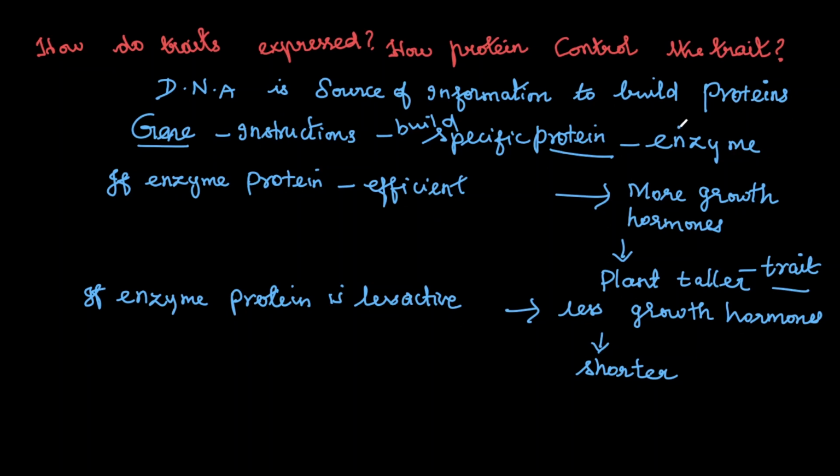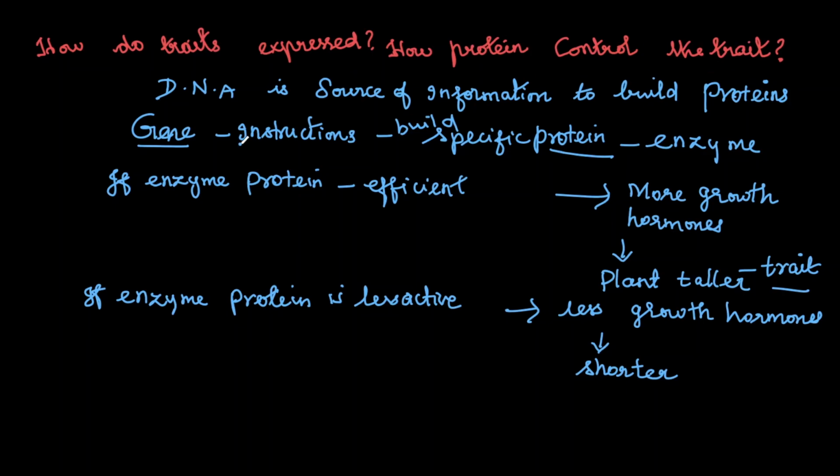So if there is an alteration in the enzyme protein, it will be less efficient and produce less growth hormone, leading to a shorter plant. This is the way the traits of a plant are expressed, or the protein is able to control the trait.